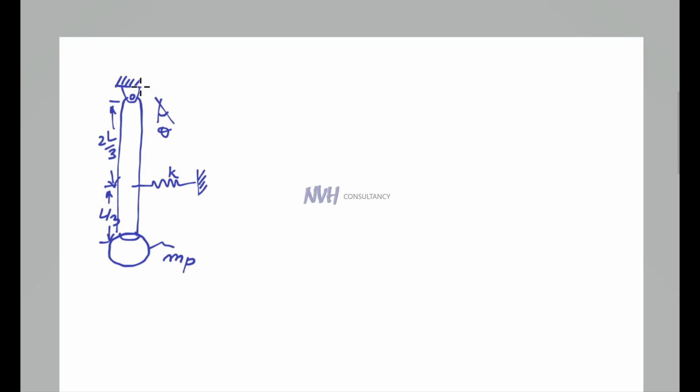So the kinetic energy of the system, T, can be written as equal to the rotational, that is half I theta dot square of the slender rod, plus the translational energy of the rod, that is half mv square, plus the translational energy of the block of mass, that is half mp vp square.